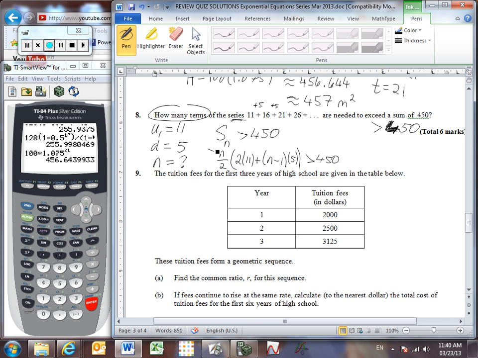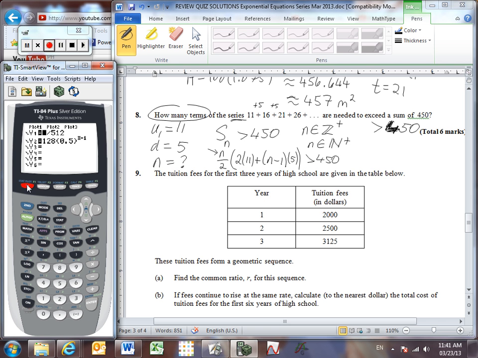Now anytime that you're solving for an n, we know that n represents the number of terms. You can't have 6.5 terms in a sequence or series, so we expect n to be an element of the integers, right? Remember that Z represented the integers. So if Z is an integer, or even better, one of the positive integers, which we can express as the positive natural numbers as well, then it's probably better to use a table.